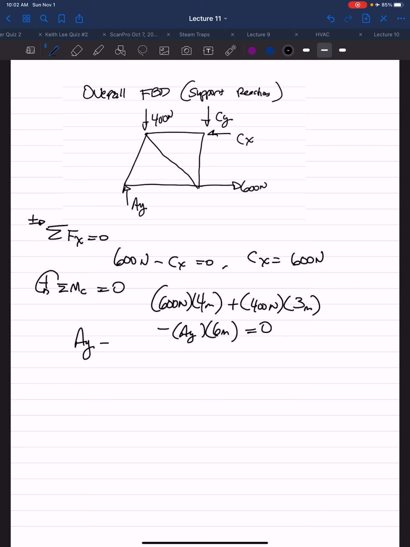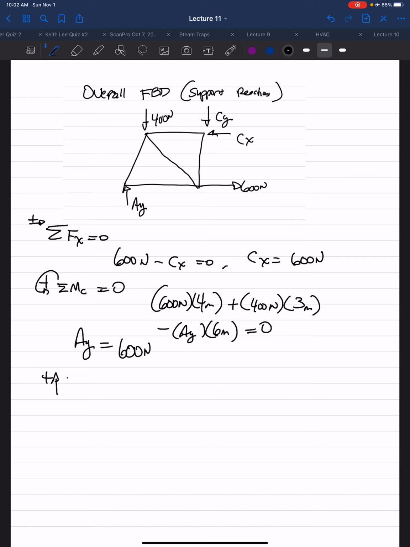Solving for AY, you get AY is 600 newtons. Leaving you one unknown, which is CY.